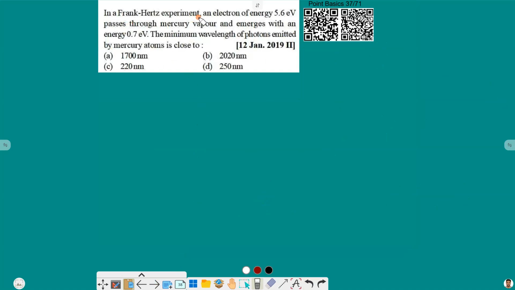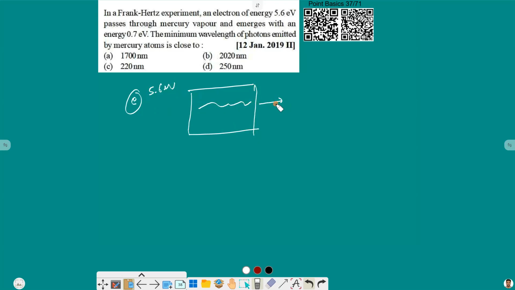In the Frank-Hertz experiment, an electron of energy 5.6 electron volt passes through mercury vapor and emerges with an energy of 0.7 electron volt. Minimum wavelength of the photon emitted by the mercury atom is close to. As per the statement, an electron enters a chamber with energy of 5.6 electron volt.